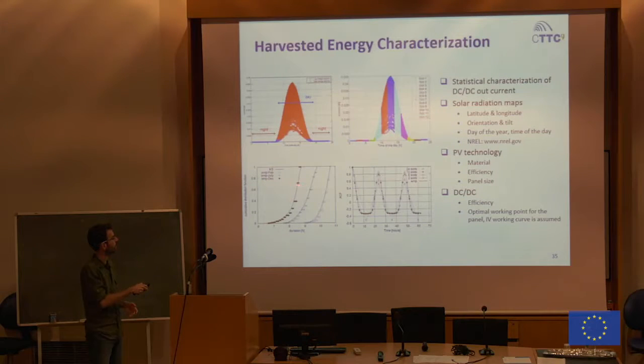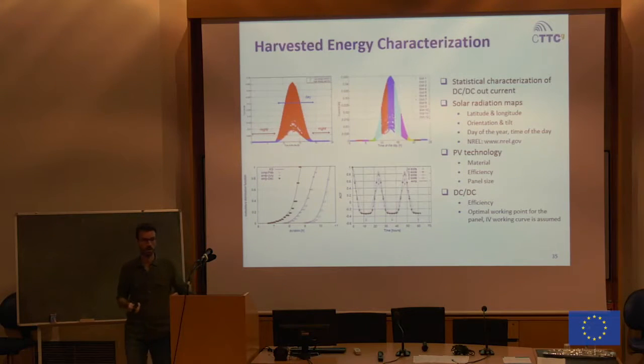And then going to February and July, the daylight is increasing. So what I'm saying is that this bell is also having a different shape. So we have to take into account all this variability when we design our networks.